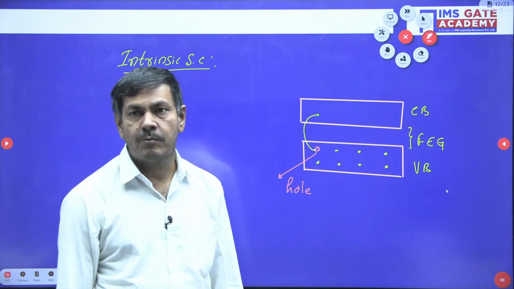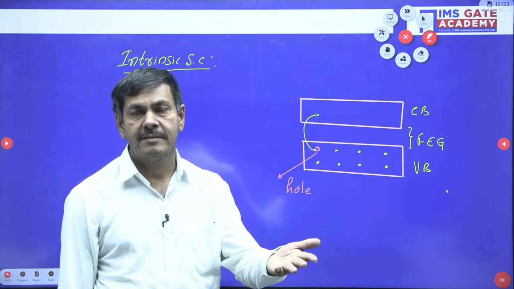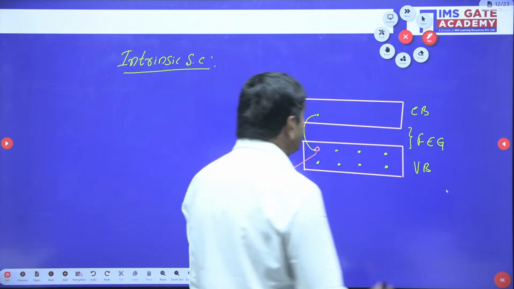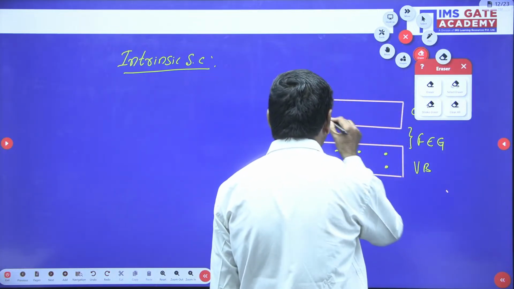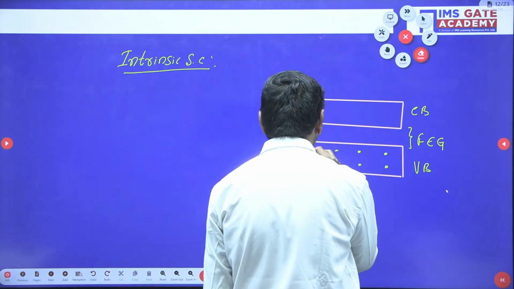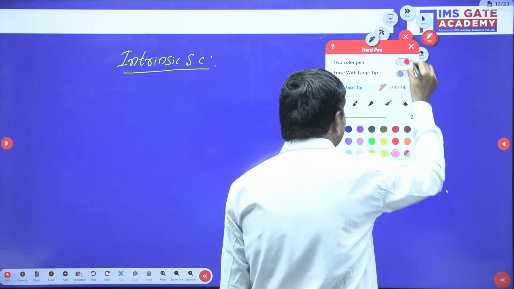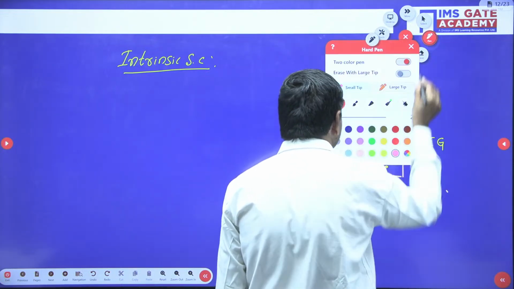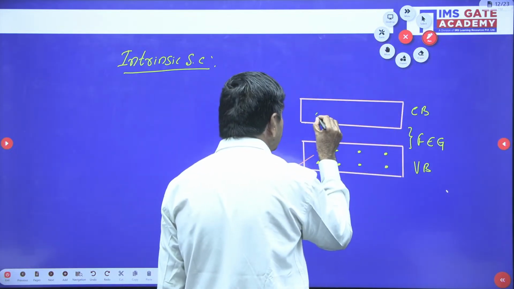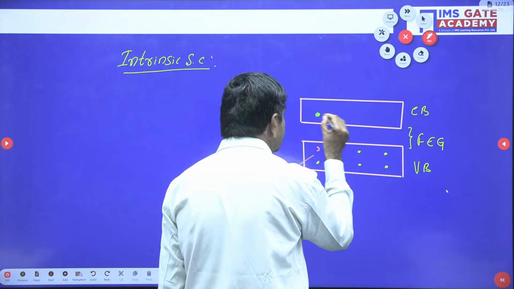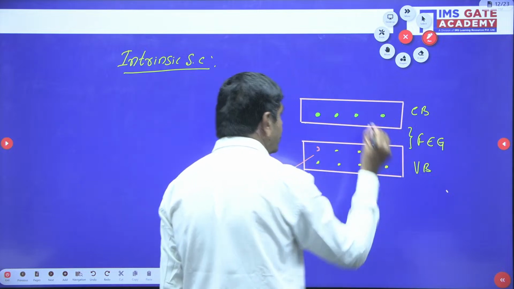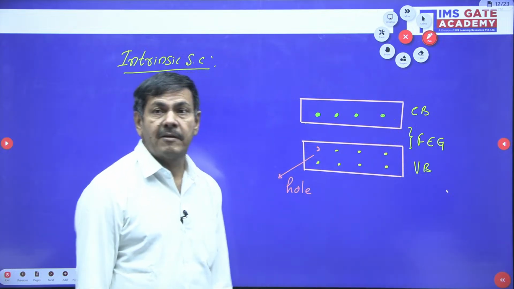When the electron moves from one point to the other point, in the first point it creates one vacancy. Suppose a number of electrons are moved from the valence band to the conduction band. Suppose 4 electrons reach the conduction band: first electron, second electron, third electron, and fourth electron.